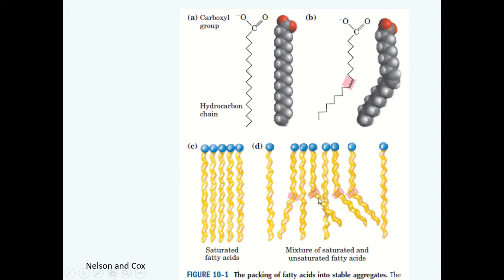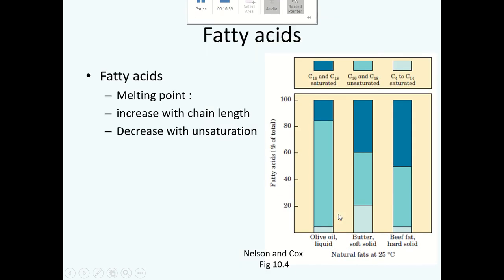Plant oils are liquid because they contain a higher proportion of unsaturated fatty acids. Hence, their packing is less effective, so their transition temperature is low. For this reason, they are in a liquid state at room temperature.